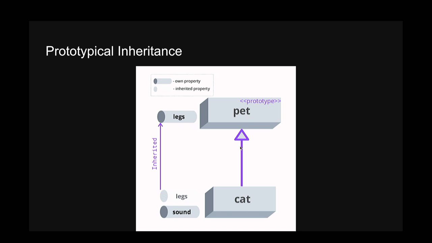The object that is being inherited from is called a prototype. So the cat inherits from pet, right? Because cat is a subset of pet. So the cat object actually inherits the pet object. So pet is said to be the prototype of the cat object, right?